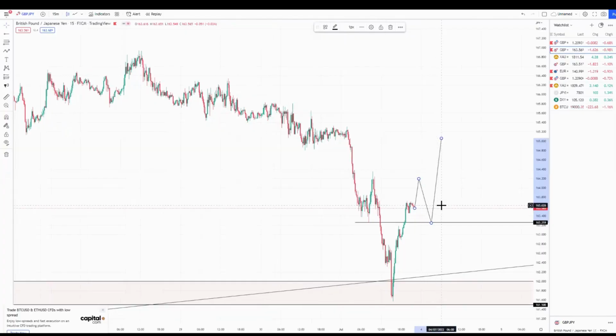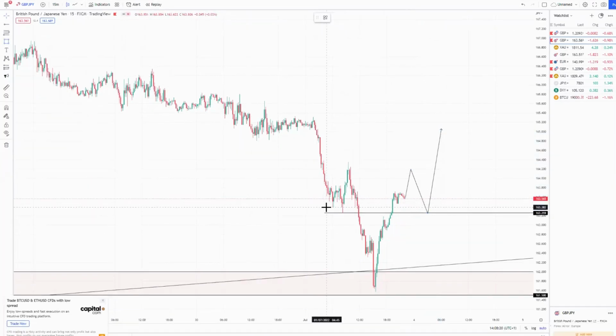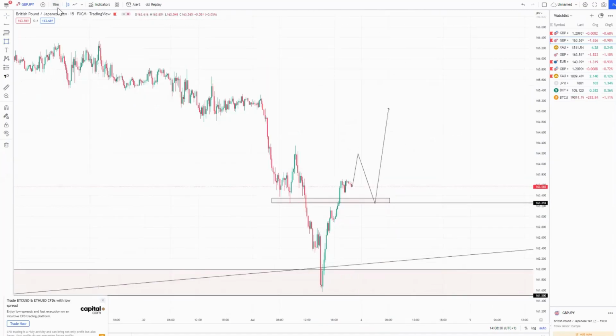That's what we are expecting on GBPJPY. Let me just mark out that point, that small buy pressure zone, to see if price could possibly come down there for a retracement before it starts pushing upward.